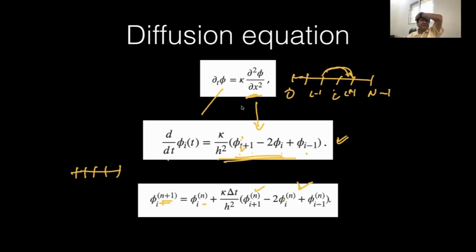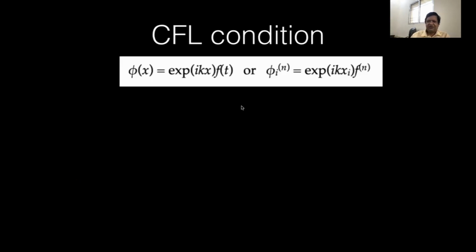Now, what about stability? We need to first figure out stability. Accuracy I didn't say much about for PDEs, but stability is critical. Accuracy too is critical, but let's just stick to stability right now. To figure out the stability of a finite difference scheme for a PDE, we start with an exponential function.